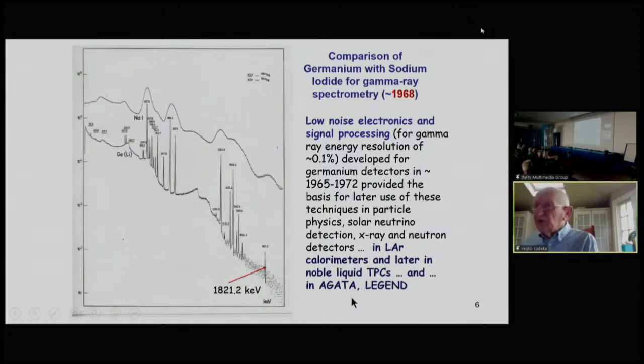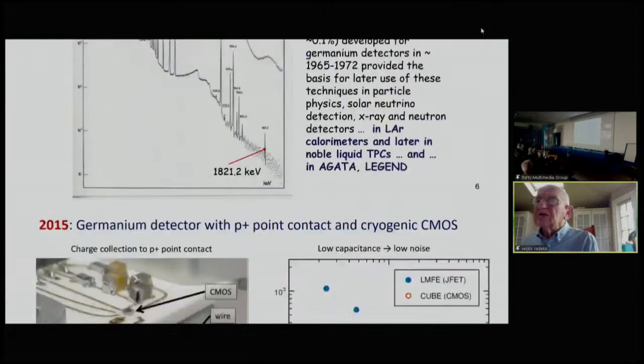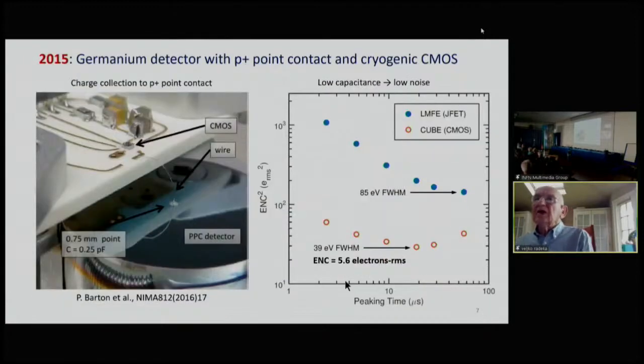Now, a very nice development has been made in large kilogram-sized detectors by rearranging the electrodes such that the charge is collected on a very small P+ contact on a very large detector.